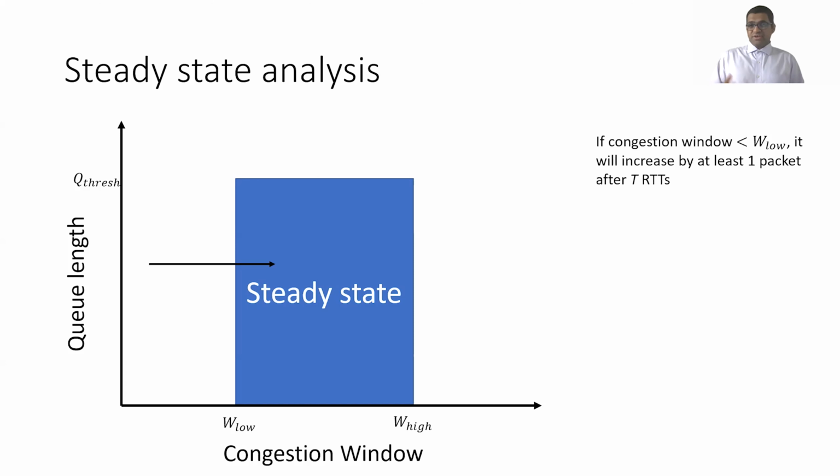They also prove if the window is too large, it will shrink. And if the queue is too large, it will also shrink. Finally, they prove that if the algorithm is already in the steady state, it will remain there. And with this, they've also implicitly proven that as the link rate, propagation delay, and buffer size change, the congestion window and queue length will move towards the right value.